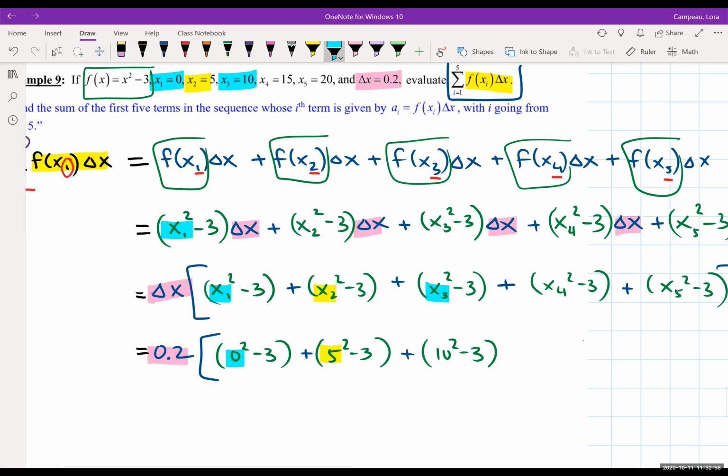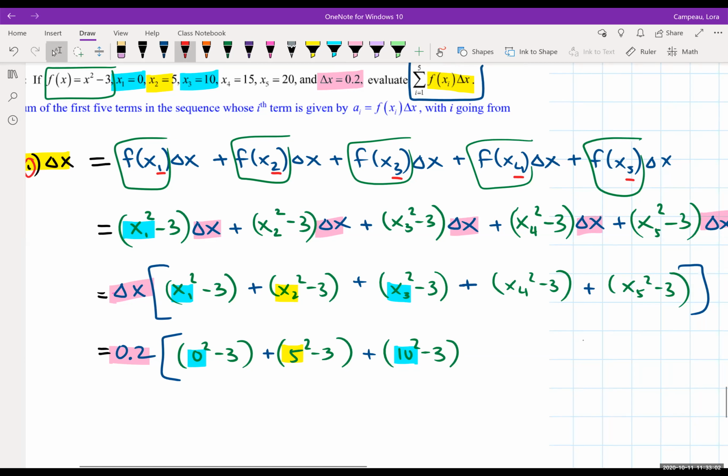Just keeping my idea of what I'm plugging in. Plus, what is x of 4? X of 4 is 15. So we'd be plugging in 15 squared minus 3. Add it one more time. X of 5 is equal to 20. So we're technically looking at 20 squared minus 3.